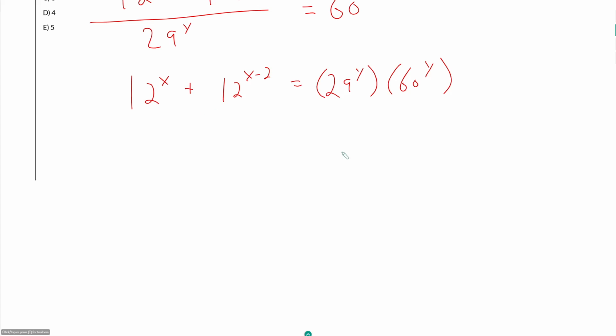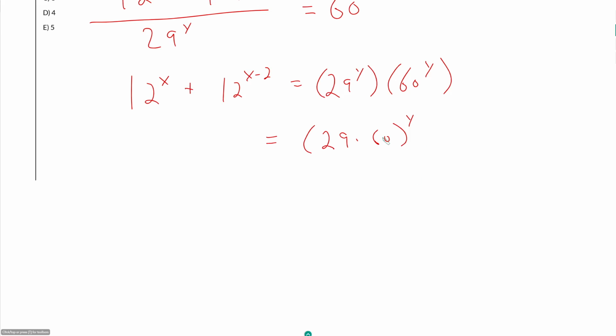So now if I'm thinking what to do next, if you go back and remember our exponent rules, which you absolutely should, here on my right side I'm multiplying exponents with the same power but different bases. And we said that I can take this and write 29 raised to the y times 60 raised to the y as 29 times 60, all raised to the y.